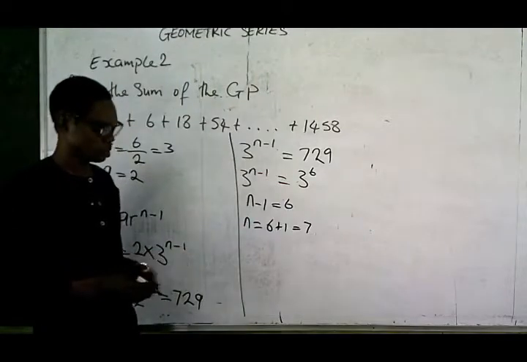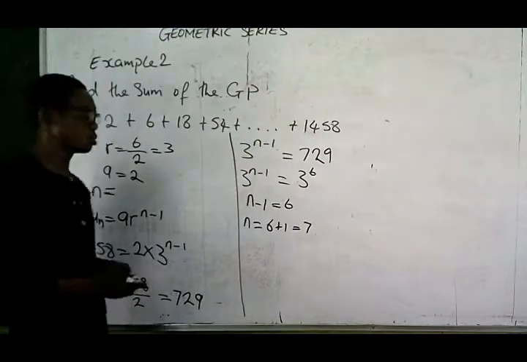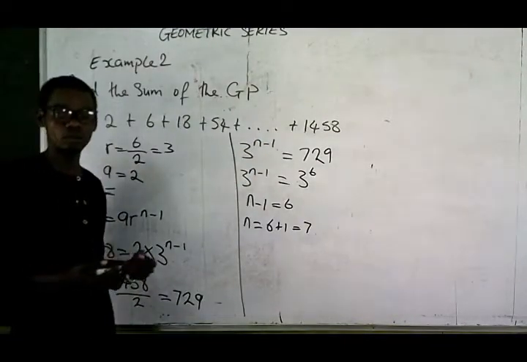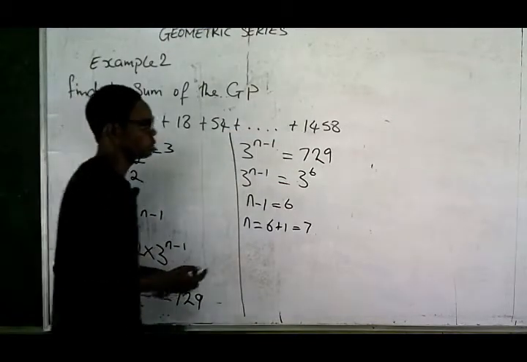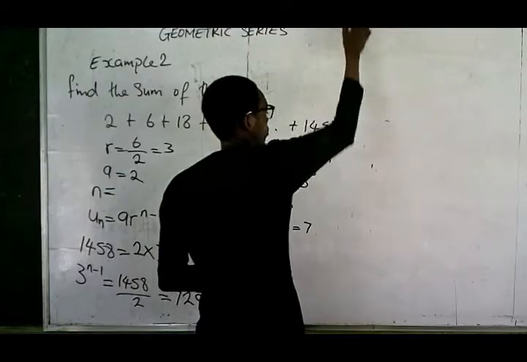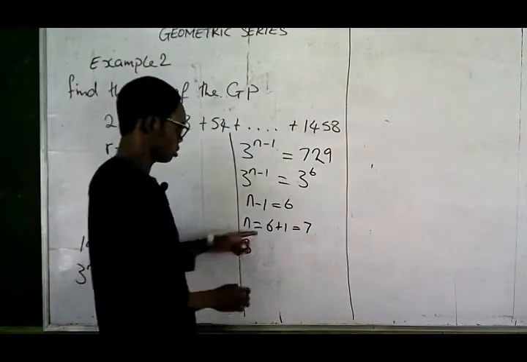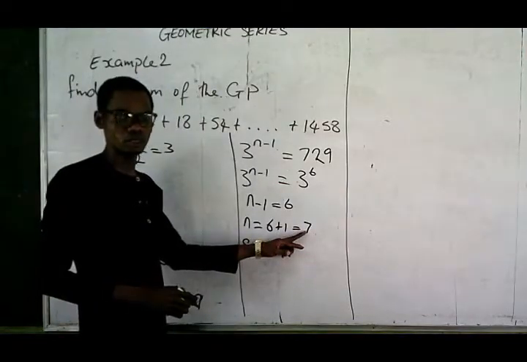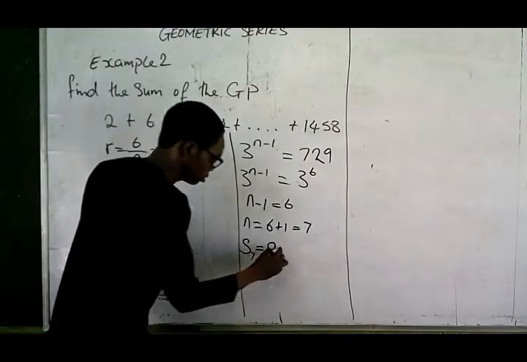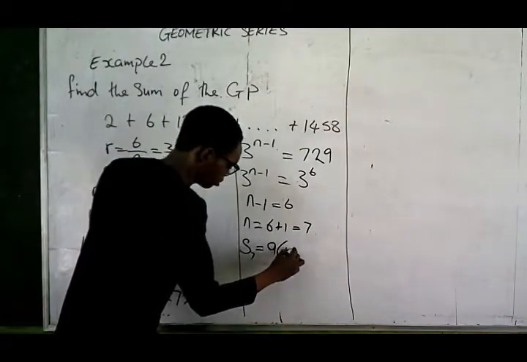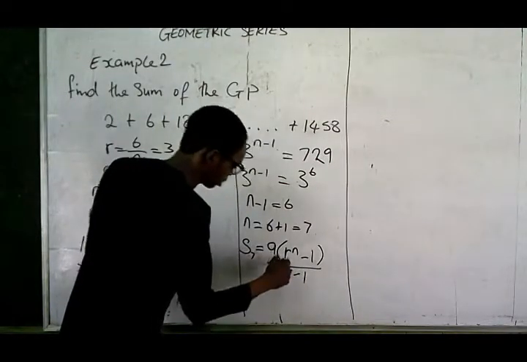So having known that the number of terms in this GP is equal to 7, we can now go ahead to look for the sum of this geometric progression. Looking for the sum, we use this. Now that we know that the number of terms is 7, we say S7 is equal to a times r to the power n minus 1 all over r minus 1.